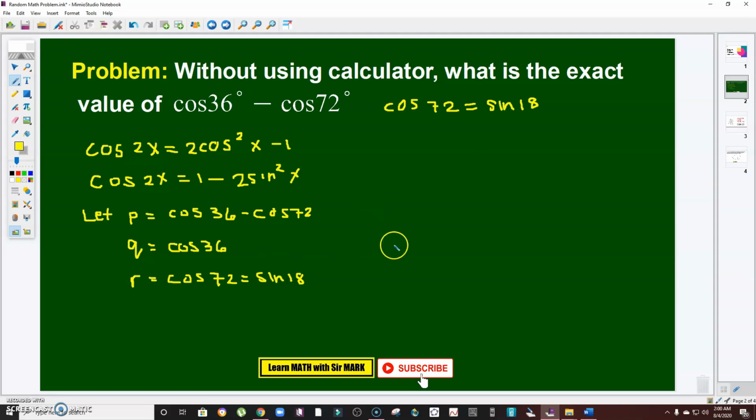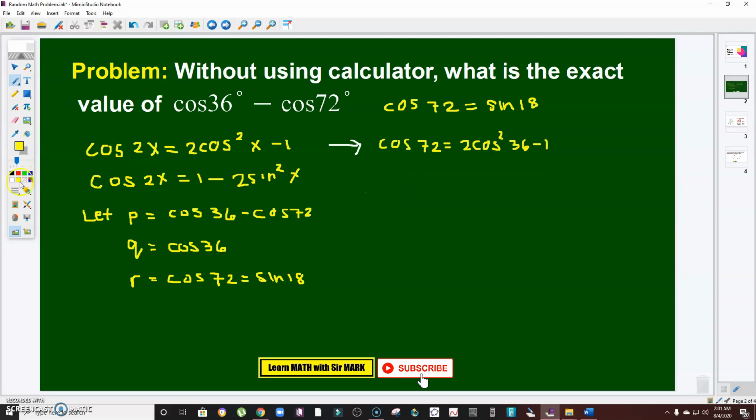Now if x is 36, this will become cosine 2 times 36, or cosine 72. And we know cosine 72 is equal to 2 cosine squared of 36, minus 1.